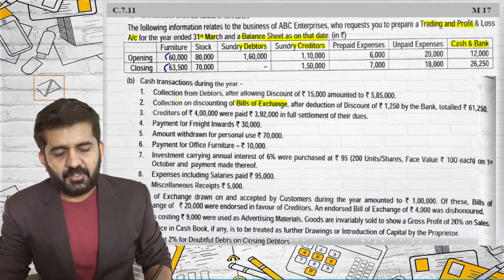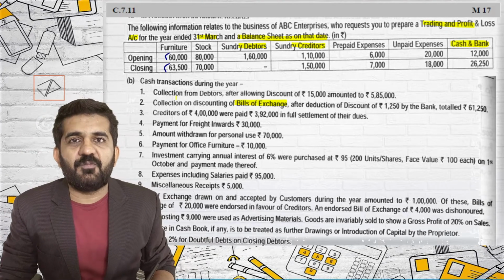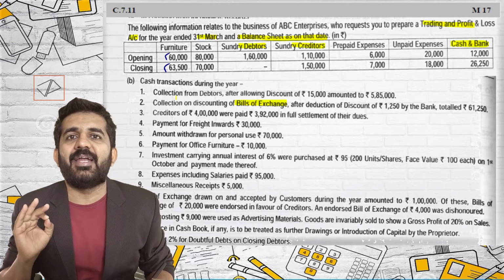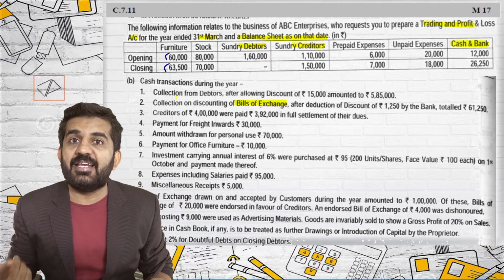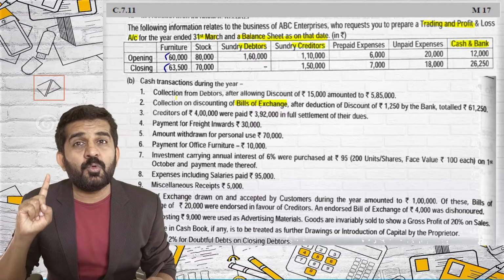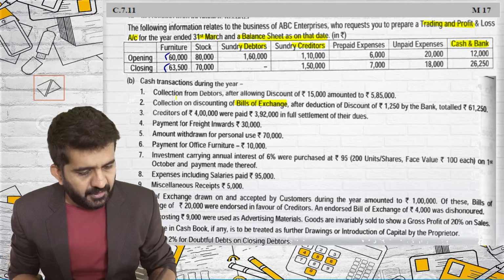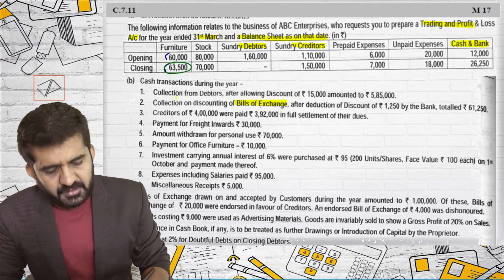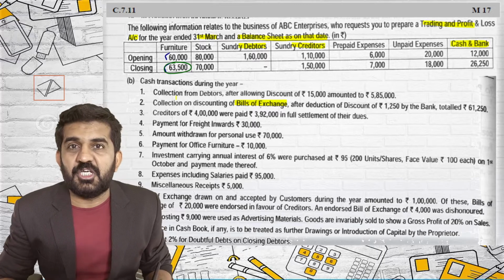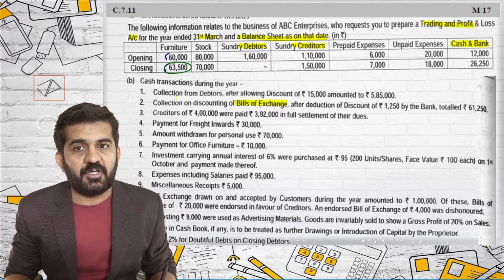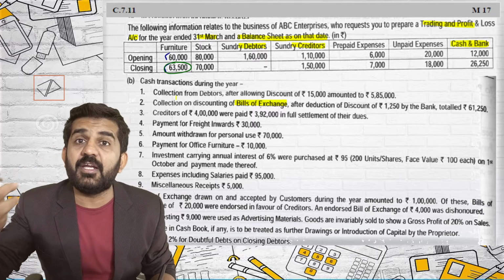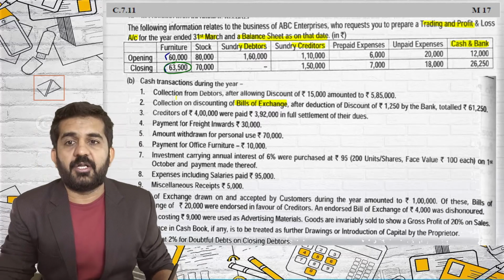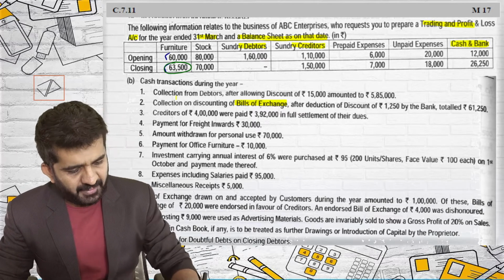See, for closing furniture 63,500, there is no necessity to pass an entry. If it is from a tallied sheet or tallied account, I will have to compulsorily pass one entry. This figure I will be using afterwards to know the depreciation and the additional furniture, but I'll be using it last to find out some figure and then give effect for the same. So I've just done a round on it, that this particular thing is pending.